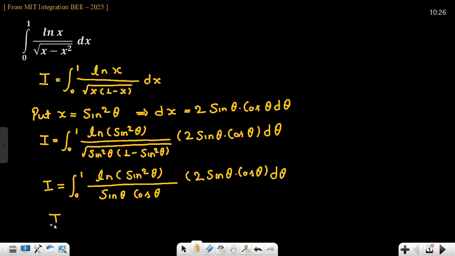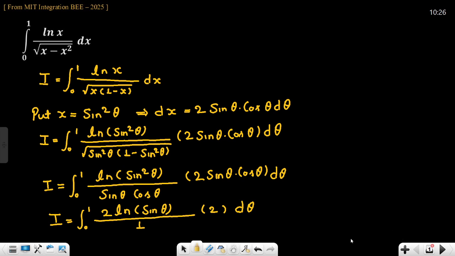Now I is equal to the integral, and this is 2 ln sine theta upon, this will cancel out, so that is 1, and here 2 d theta, right? That is 4 times, okay.